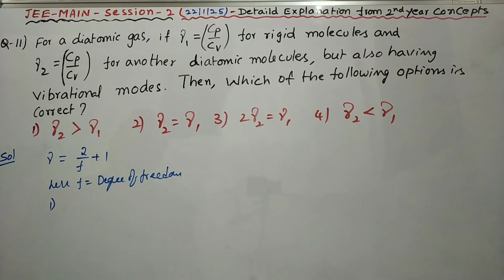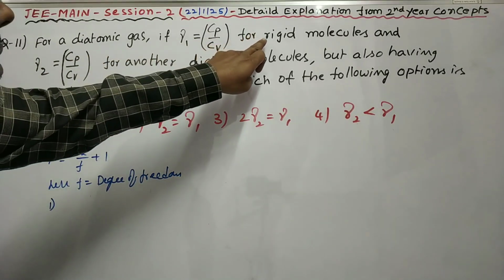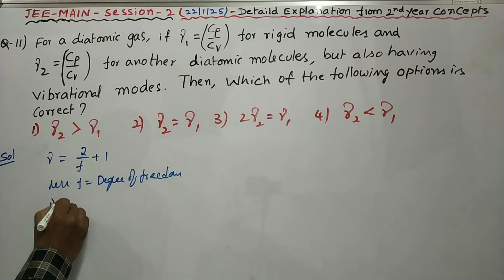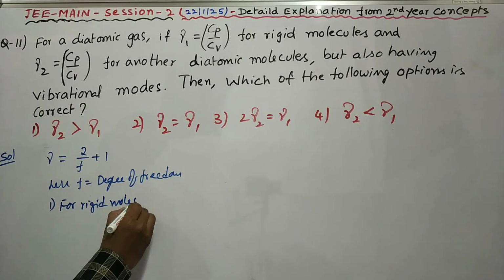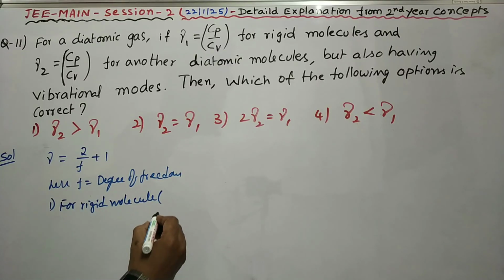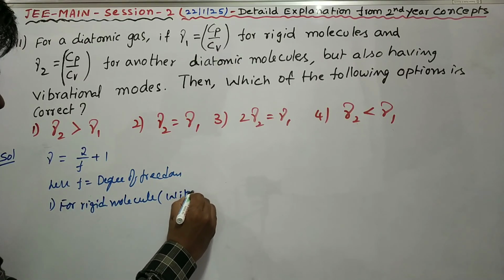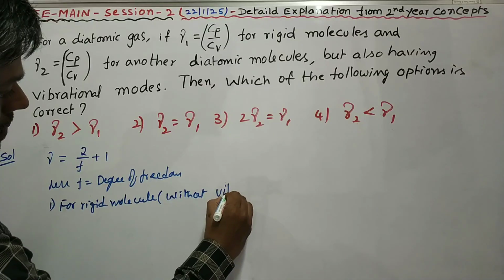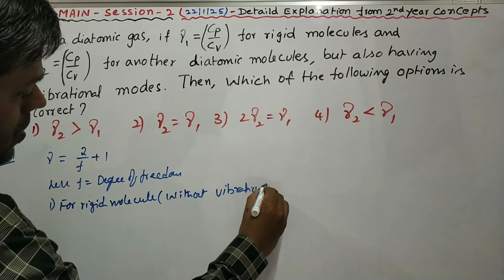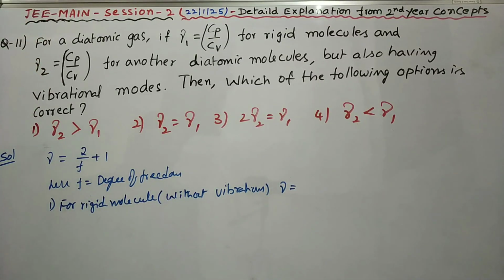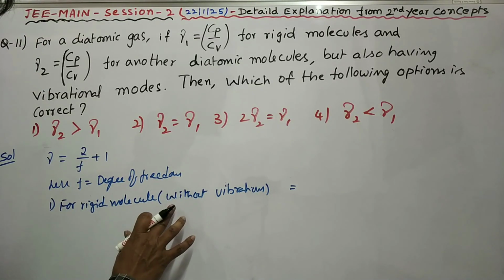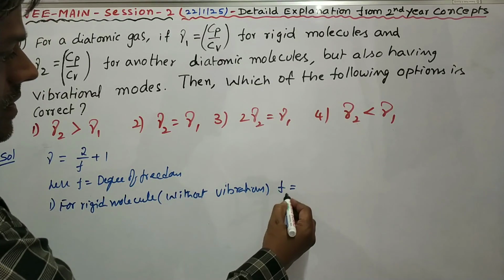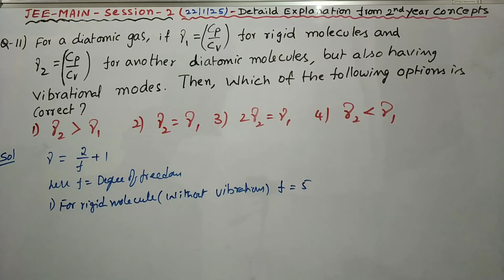For a diatomic gas with rigid molecules, meaning without vibrational modes, the degree of freedom F is equal to 5.